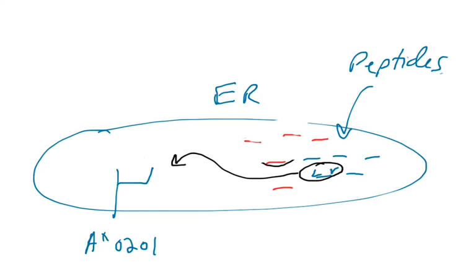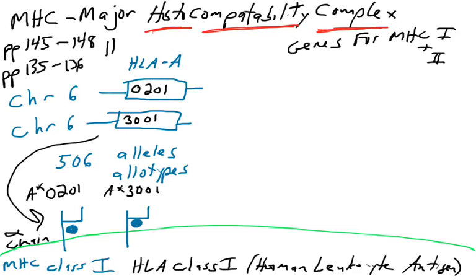So what's the solution? The solution is to have more versions of MHCs, right? And that brings us back to the fact that there are many different versions or allotypes of the HLA-A gene. So we just talked about allotype 0201, and it can load a specific peptide with a specific peptide binding motif.